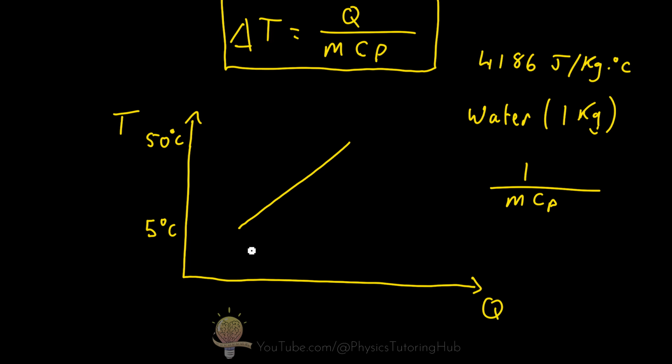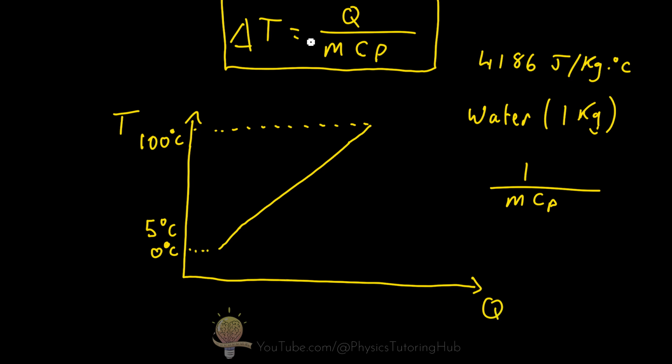But you'll notice here that this straight line terminates at some point. So we can extend this straight line down to 0 degrees Celsius and extend it up to 100 degrees Celsius. Now this linear relationship here only applies to substances that do not change their phase during this heating or cooling process.